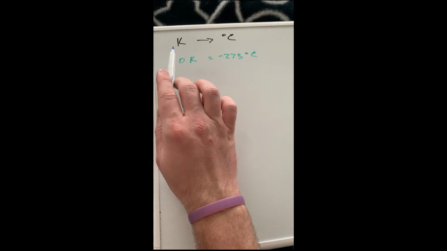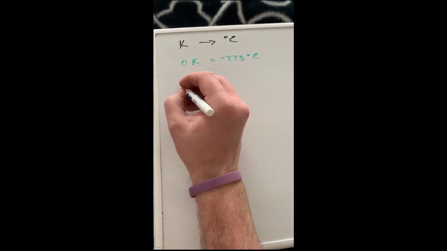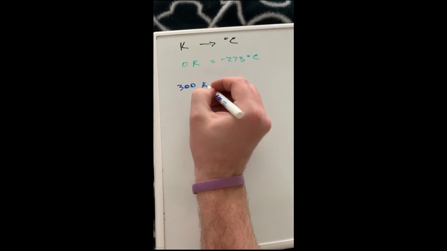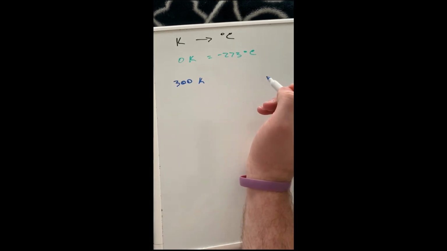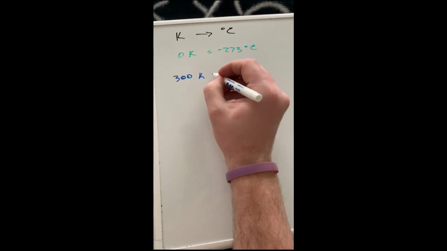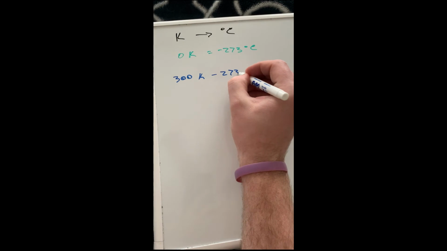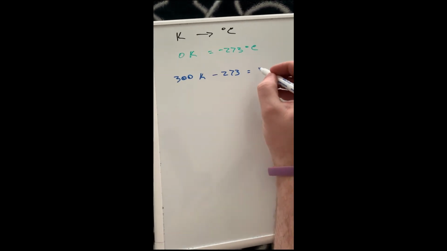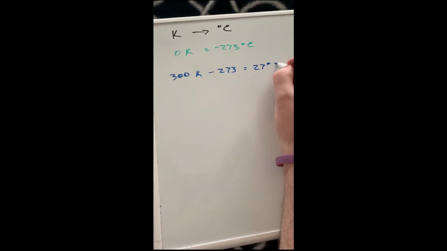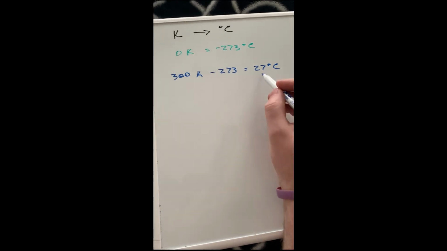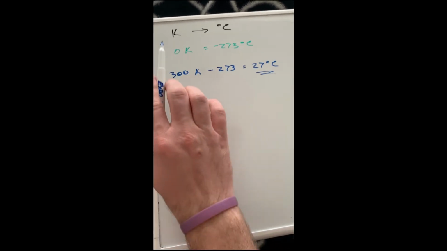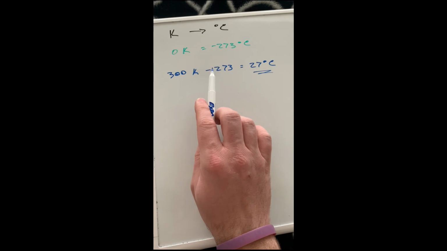So if I'm converting from Kelvin to Celsius, let's say I have 300 Kelvin and I want to convert that into degrees Celsius, I'm just going to subtract 273, and that's going to give me 27 degrees Celsius. And so that's how we would do that. Remember, when we go from Kelvin to Celsius, we subtract 273.